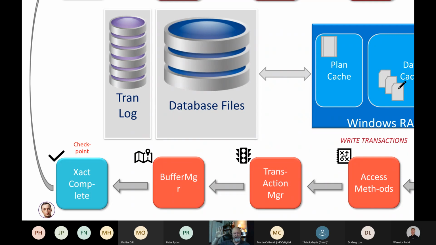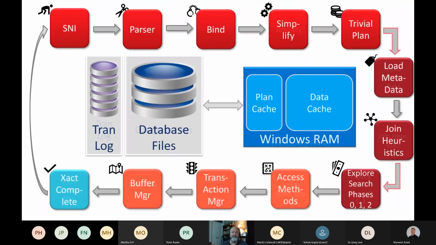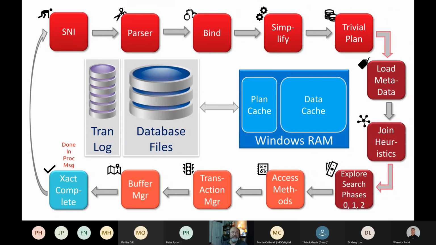What it does is it hardens all of those 8K data pages that are dirty to the database files, and then it comes back and marks them as clean. So now they're clean data pages in the cache. And at that point, we get the done in process message, and Sheldon is returned to by the thread manager and is able to start his next transaction.